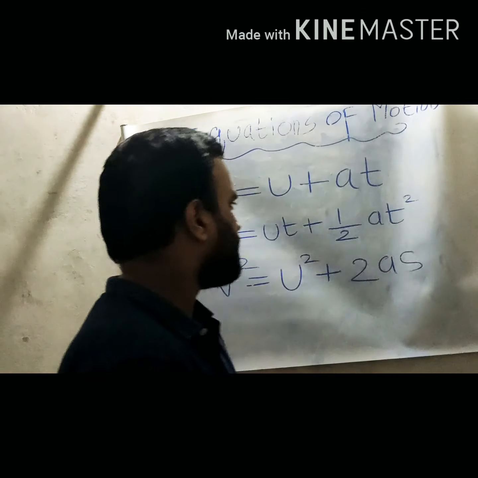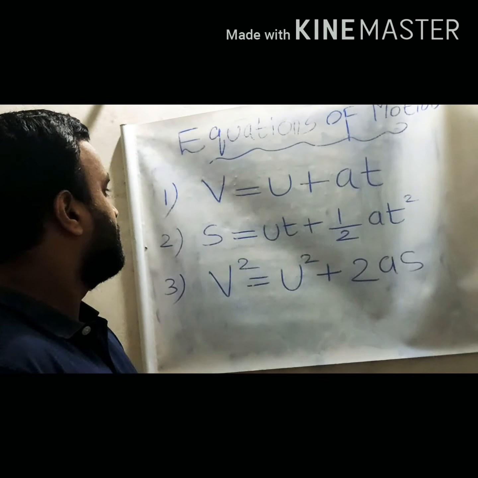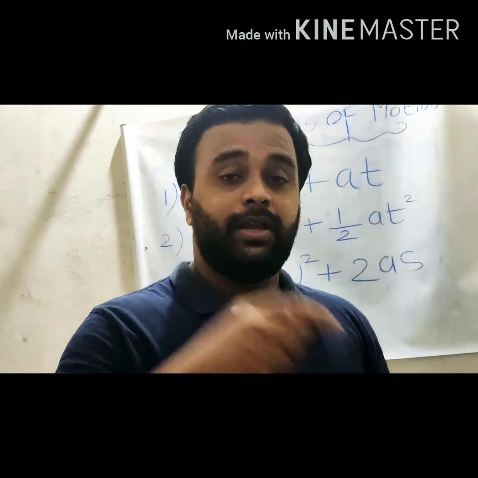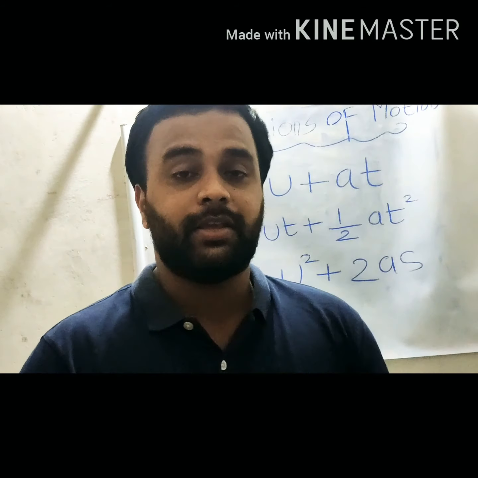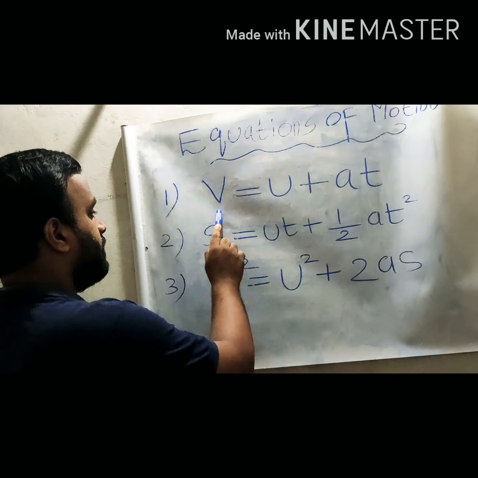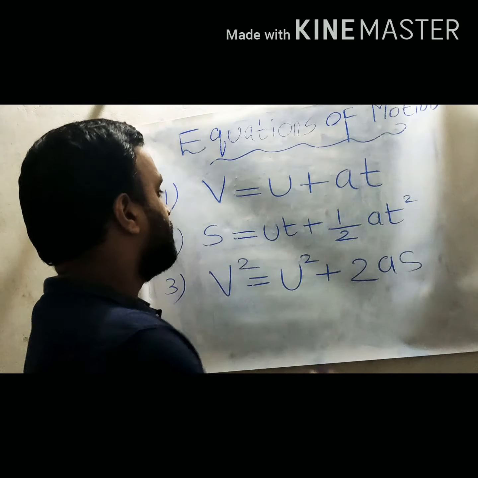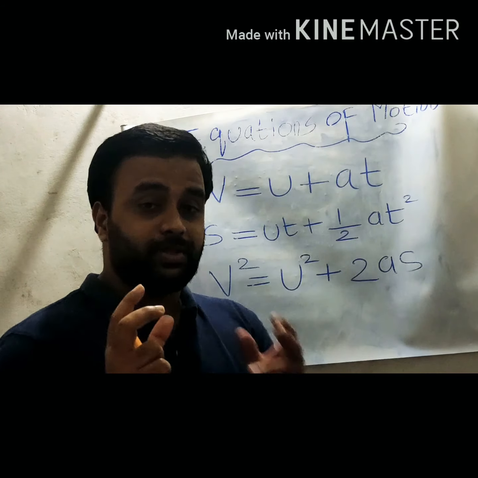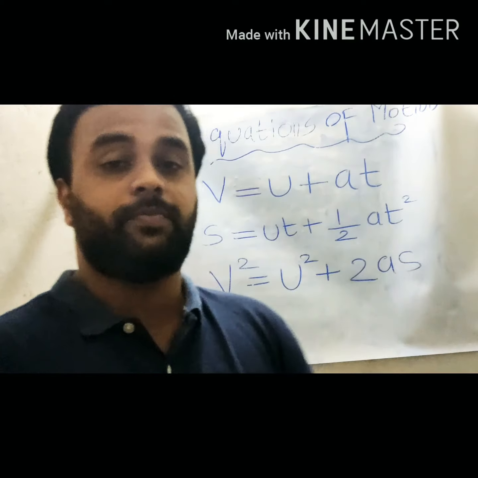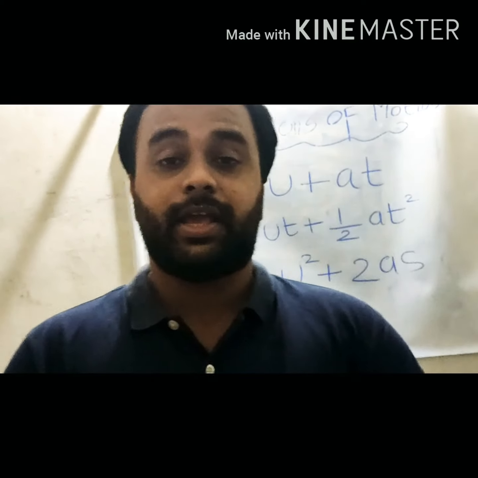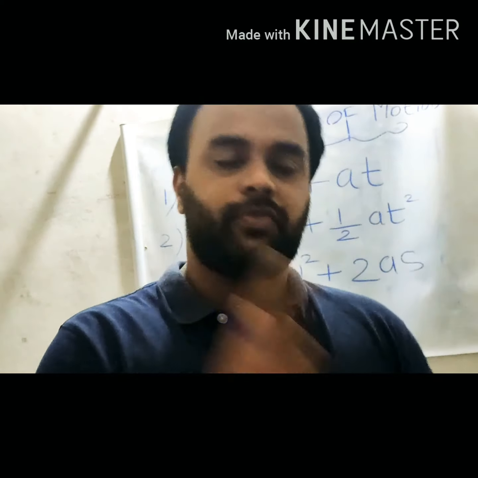Let's learn what the individual terms in these equations are. What is v? v is the final velocity of an object. What is u? u is the initial velocity of the object. What is a? a is the acceleration of the object.